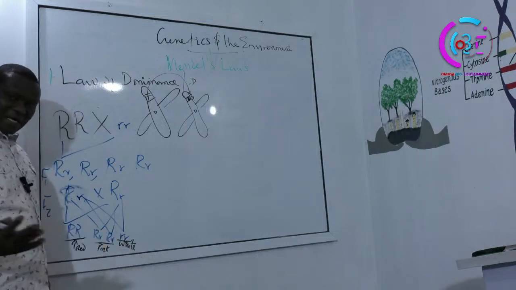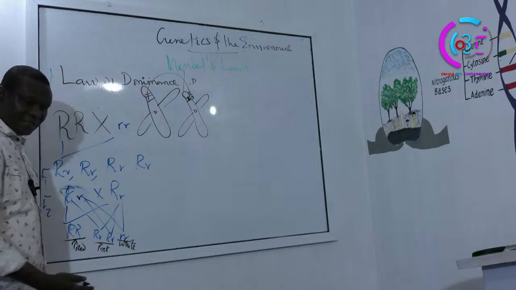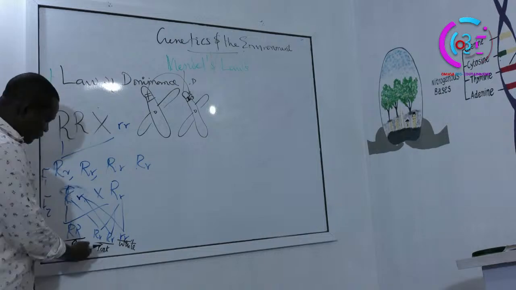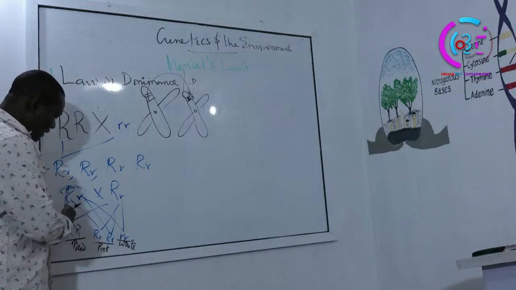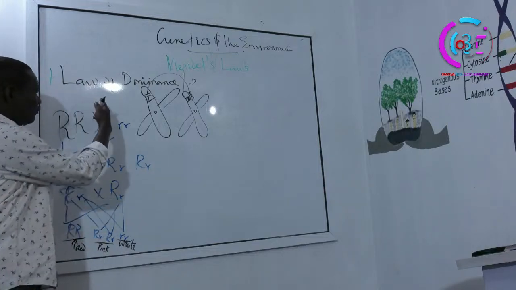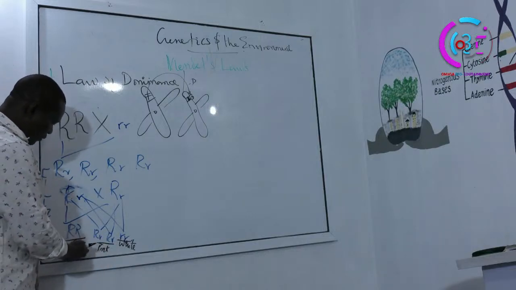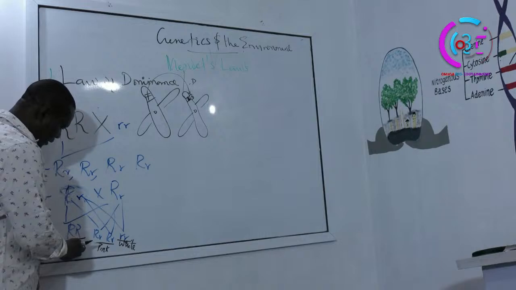We now have three different colors at the end of this crossing: red, pink, and white. In this case, the law of dominance is not in operation, because that is why we have three colors.